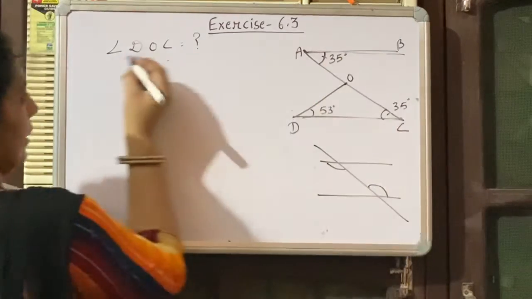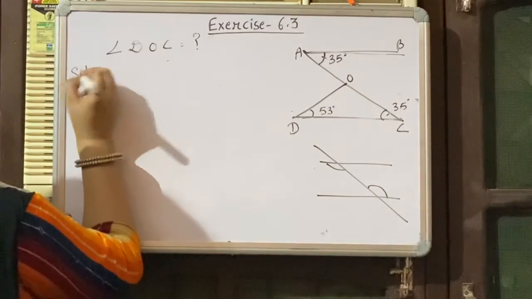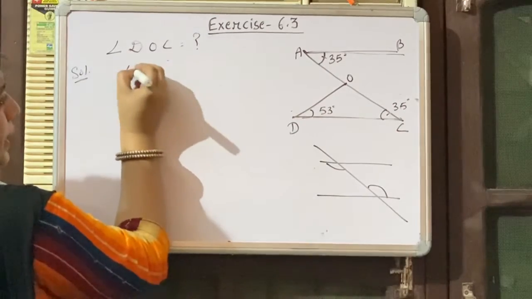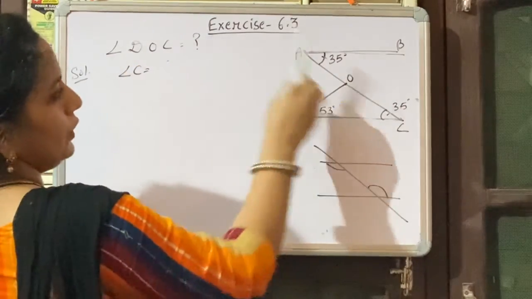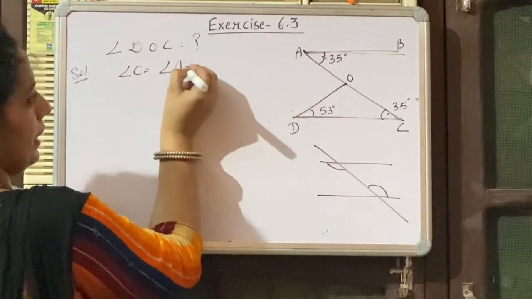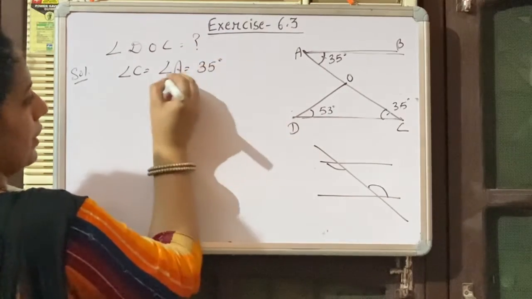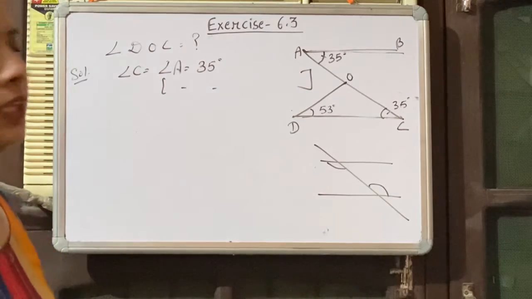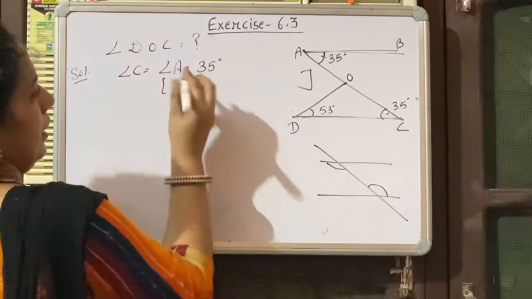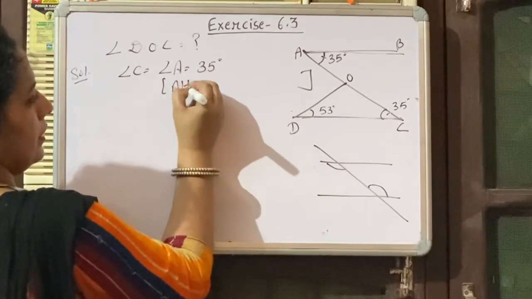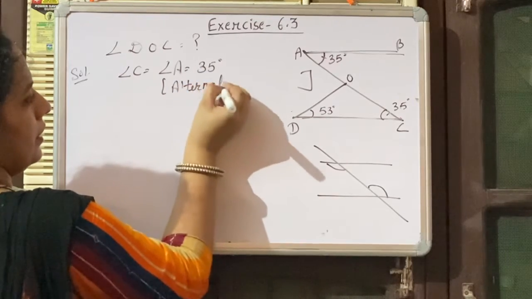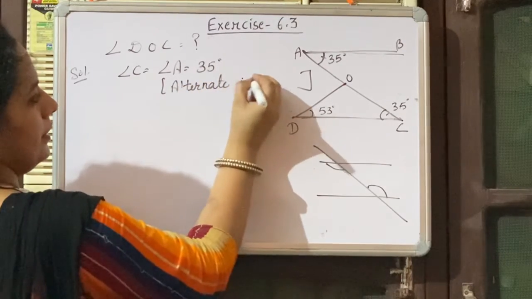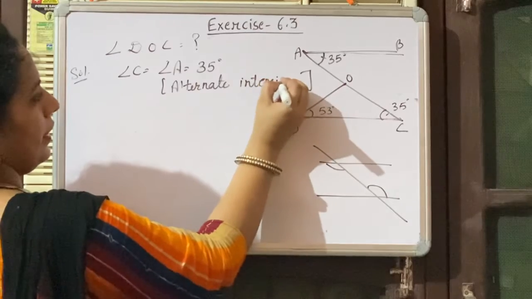So we can write here value of angle C is equal to value of angle A, which is equal to 35 degree. We have to write the reason in the bracket and the reason is alternate interior angle.